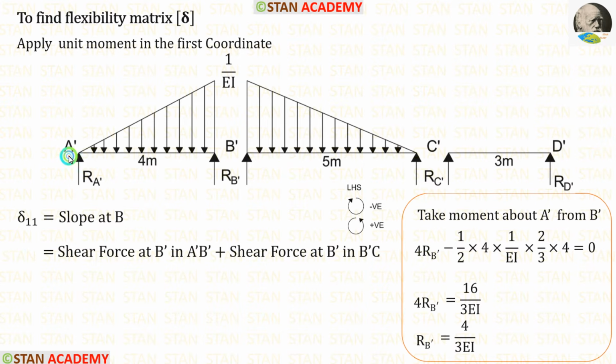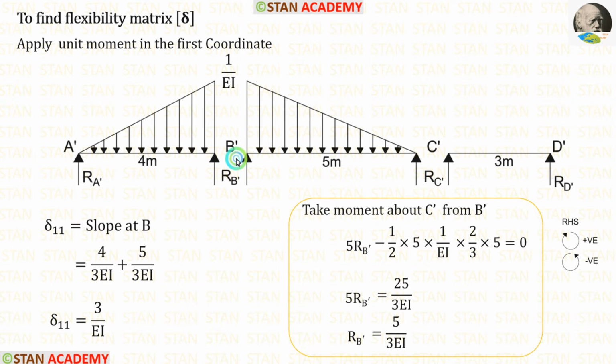Now we are calculating the centroid towards this point. So the formula is 2b upon 3. Here the breadth is 4 meter. So for the centroid we are getting 2 upon 3 into 4. Finally we are getting RB dash is equal to 4 upon 3 EI.